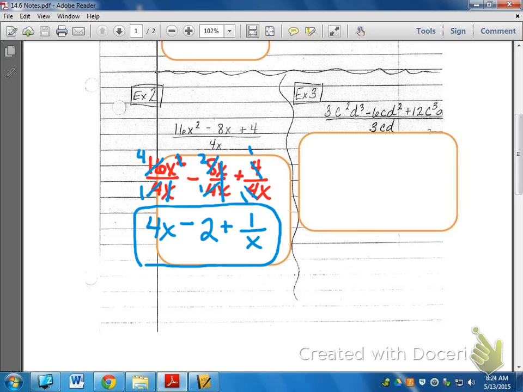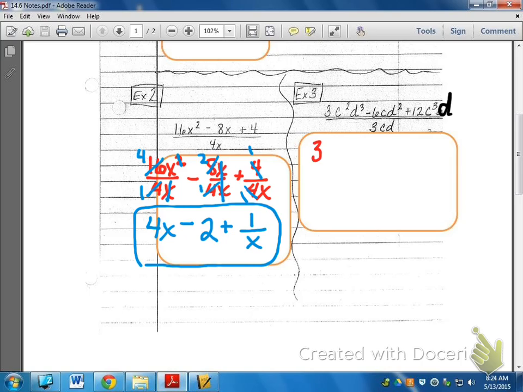One more example. This one has a few more things involved. So 3c squared d to the third minus 6c d to the second plus 12c to the third d, and that is over 3cd. Okay, so just like all the others, you take each term in the top and write it over that monomial.